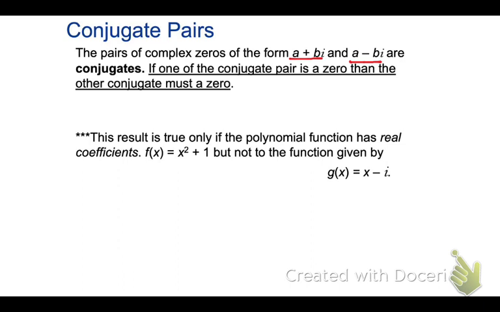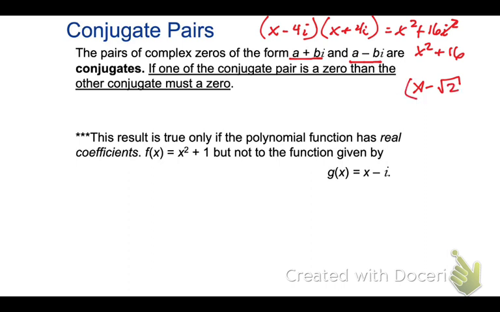So if I say x minus 4i is a factor, what is also a factor? x plus 4i, because when I multiply that, I would get x squared minus 16i squared, which would make that x squared plus 16. That makes that a sum of squares, not a difference of squares. Got me? If x minus the square root of 2 is a factor, what is also a factor?